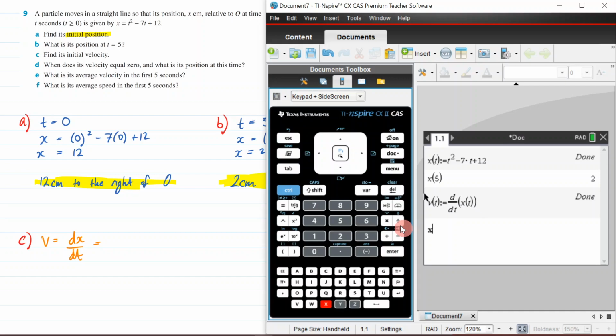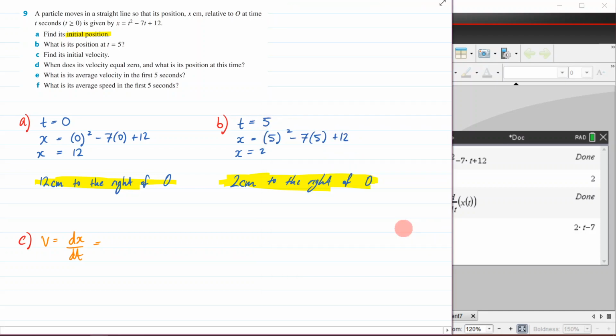Done. What is v of t? It's that. So we could write that out. v of t is 2t minus 7. Perfect.